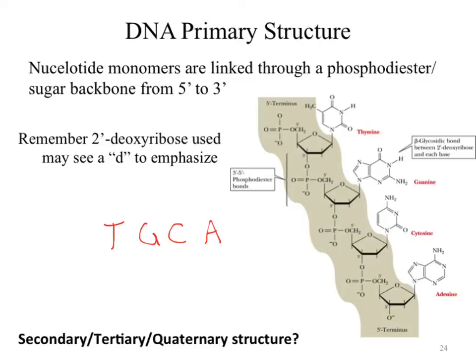If we wanted to further emphasize that it was a deoxy system, we could just draw in D, because otherwise it could have been RNA. Well, no, because it has T in there, and you wouldn't have a T. Fine, deal with that. So you might see that D getting dropped in there. That helps reference that you're looking at DNA, not RNA, in your primary sequence.